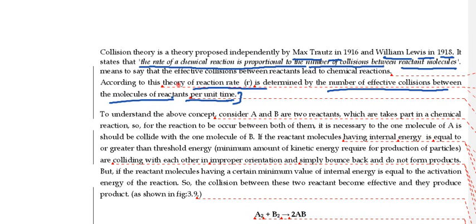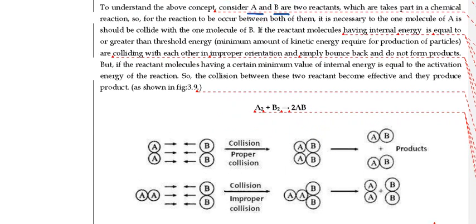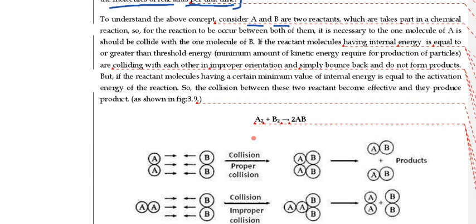To understand this concept, consider two reactants, A and B. On one side you have A2 and here you have B2, and we are reacting them. If a proper collision occurs between both of these parts, this is allowed to react with this one, and this is allowed to react with this one.